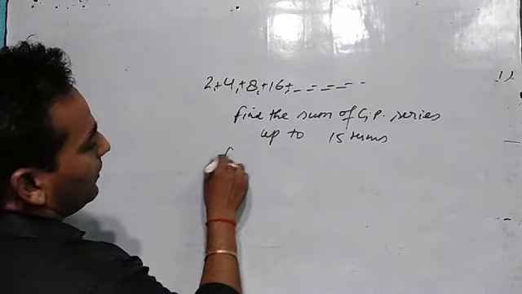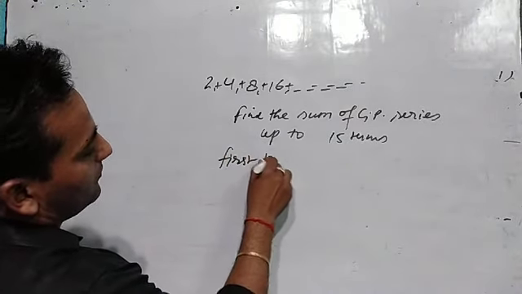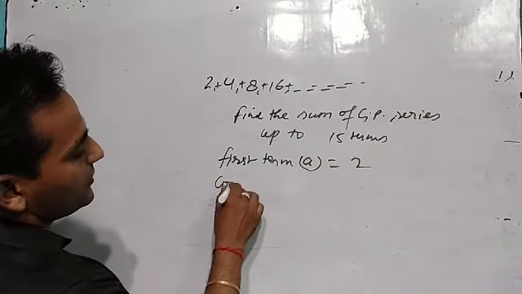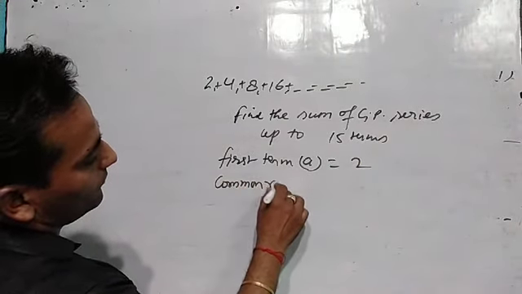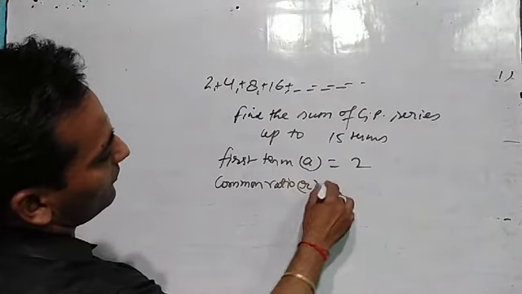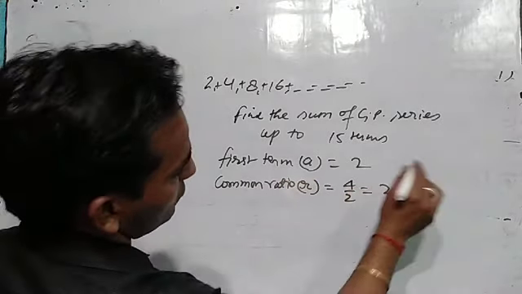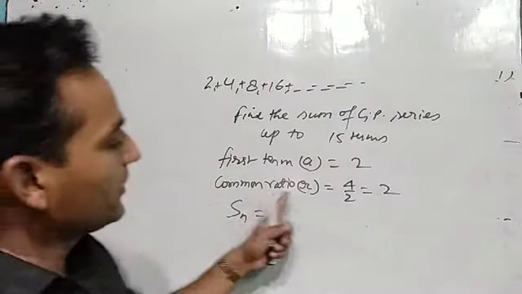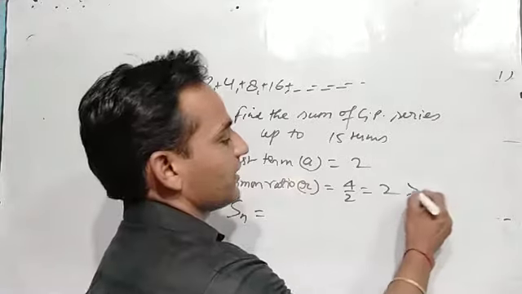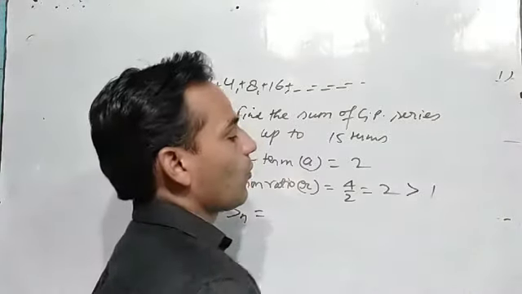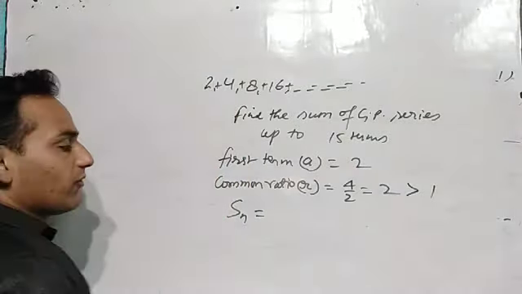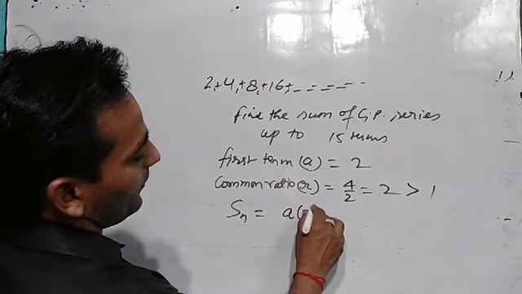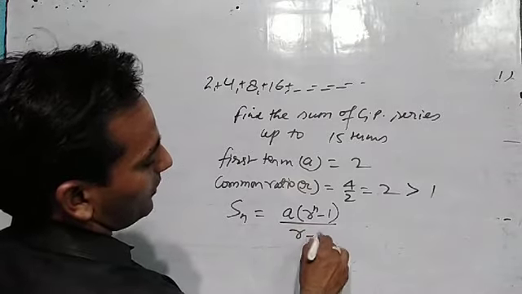So we know, as we can see, the first term a we have is 2, and the common ratio r we have is 4 upon 2, that is 2. So the sum of n terms Sn is equal to, see, common ratio r is 2, and 2 is greater than 1. If r is greater than 1, then the sum of n terms of a GP series is a into r power n minus 1 upon r minus 1.